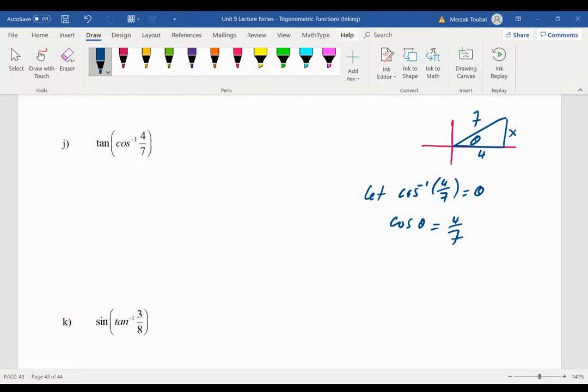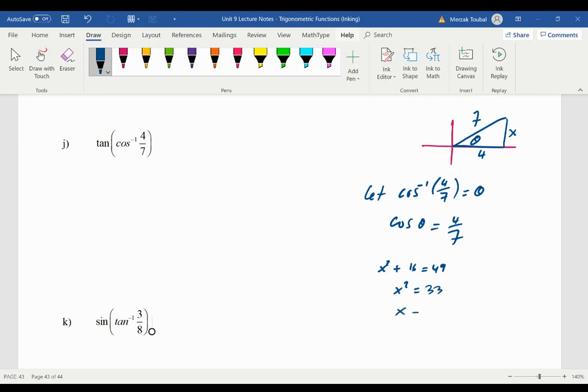So x squared plus 4 squared, which is 16, equals 7 squared, which is 49. So x squared is 49 minus 16, which is 33.